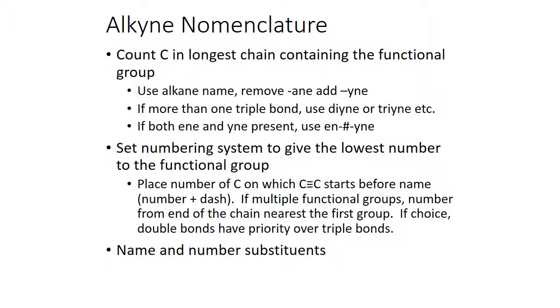Ynes are subordinate to enes, so if you're trying to determine which one is going to get the lower number, if they have the same number in either system, you choose to give the ene the lower number.